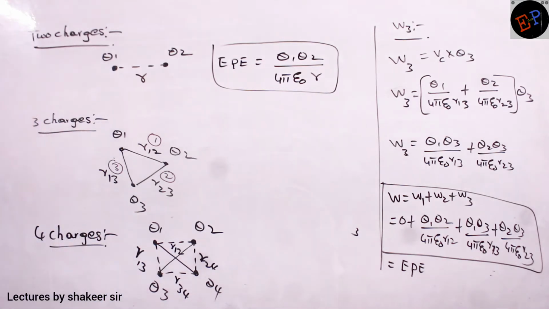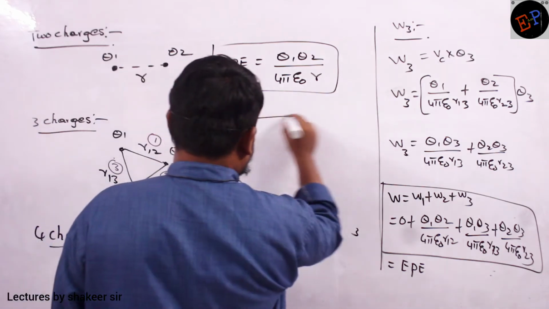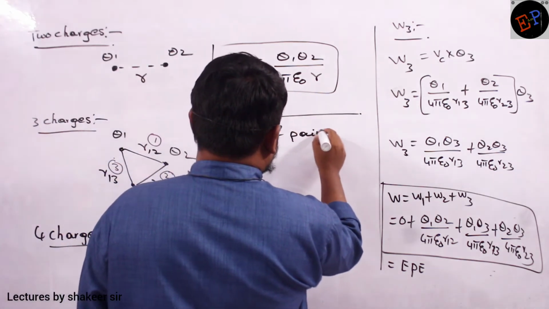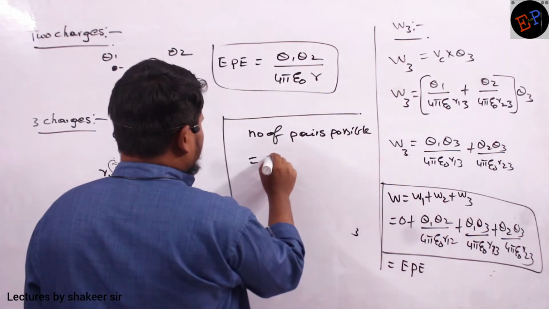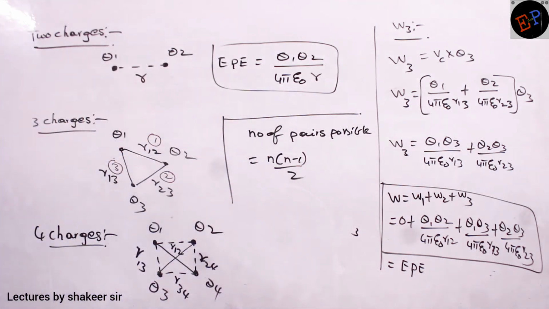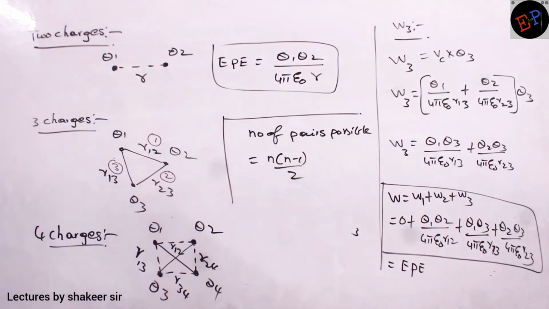So for the number of pairs possible, you can write the equation n into n minus 1 by 2. This equation also you can use. The same equation we have used in atoms also.